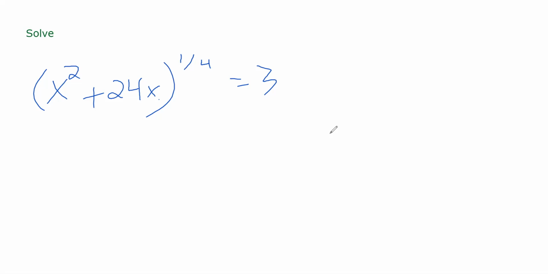All right, guys, this is very similar to the last one we just worked. What are we going to do? How are we going to get rid of this 1/4 power? Well, we need to raise both sides to the fourth power, the reciprocal of that. Just like the last one, it's going to play out very similarly.